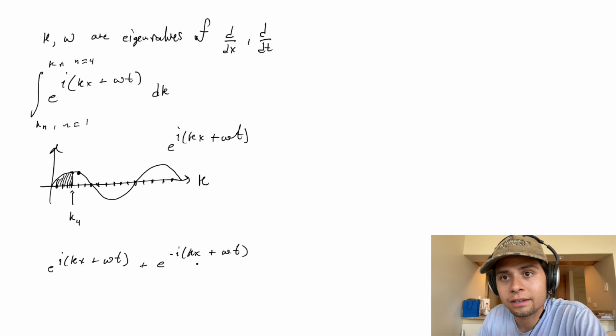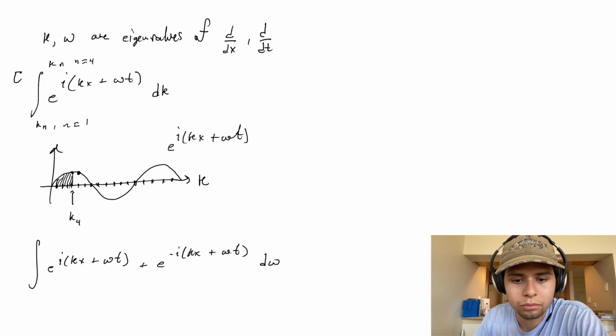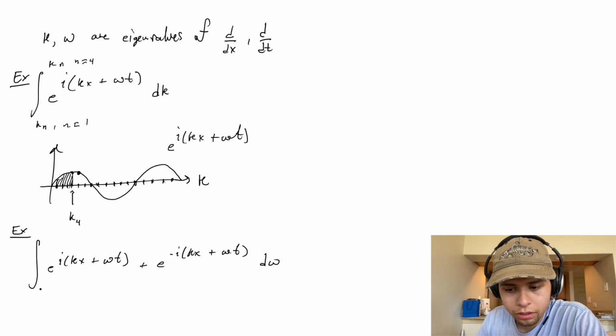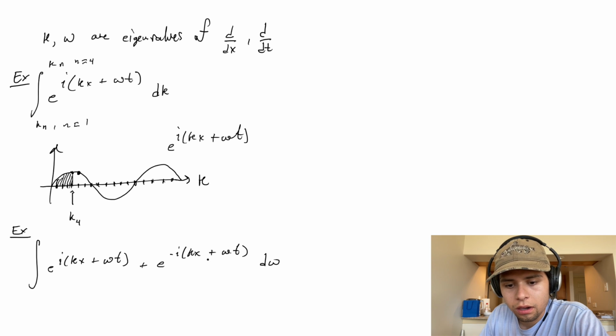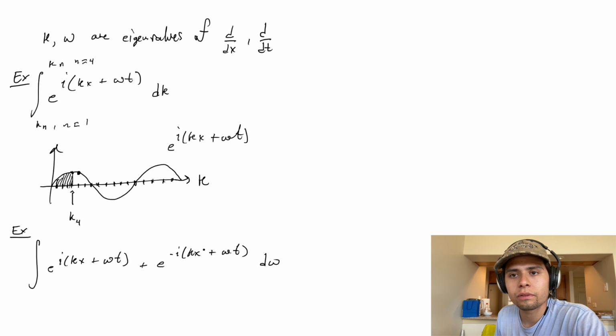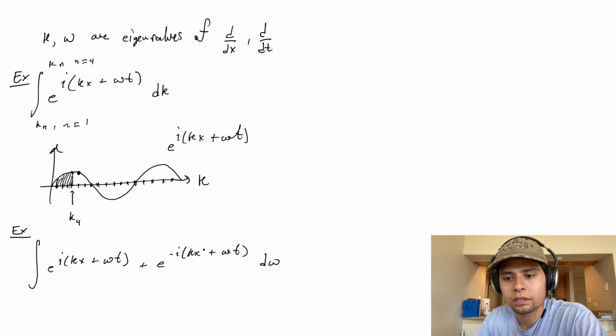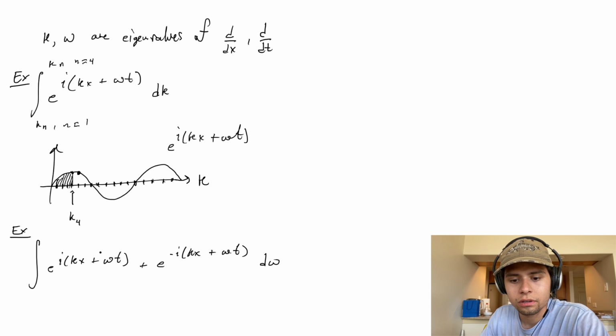How can we read that? And what if we wanted to integrate that over d omega? This is one example, and here's another example, where we integrate over omega. That means our x-axis is this guy here, our independent variable is omega, and we're integrating over all of the possible eigenvalues associated with d/dt on this wave.